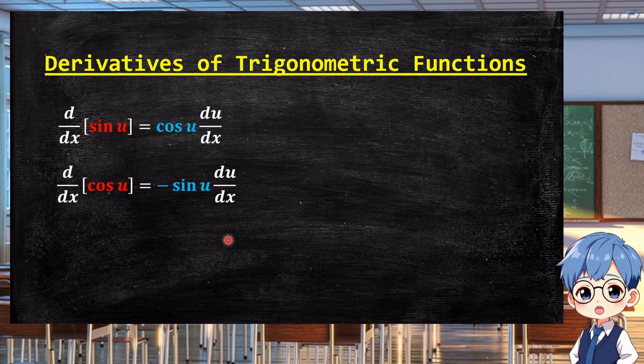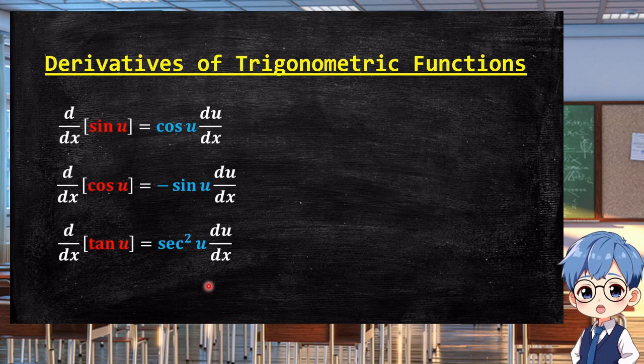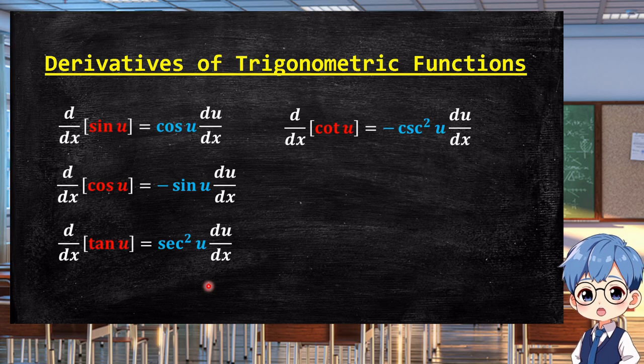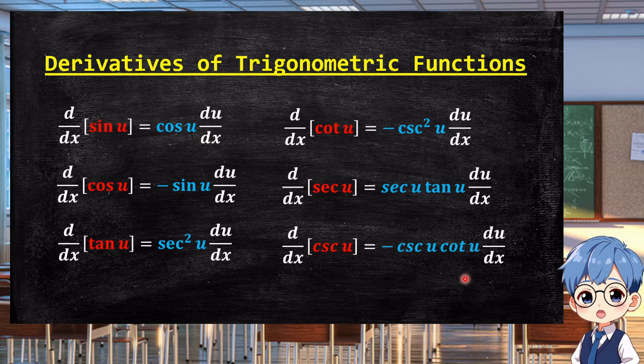So for cosine u, we have negative sine u times the derivative of u with respect to x. For tangent u, we have secant squared u times the derivative of u with respect to x. For cotangent u, we have negative cosecant squared u times the derivative of u with respect to x. For secant u, we have secant u tangent u times the derivative of u with respect to x. And lastly, we have cosecant u, which is just negative cosecant u cotangent u times the derivative of u with respect to x.